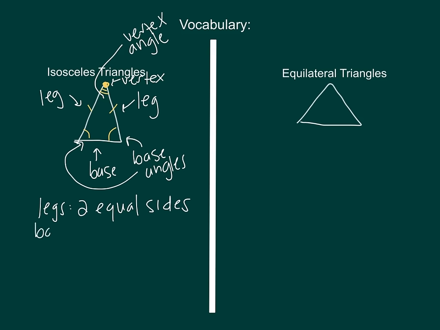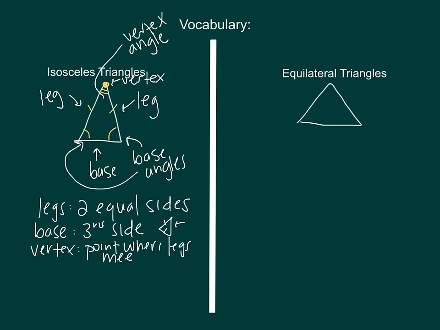We have the base, which is our third side. Okay. So if I have a little triangle like this, even if it's sideways, this guy here is the base. The vertex is the point where the legs meet.